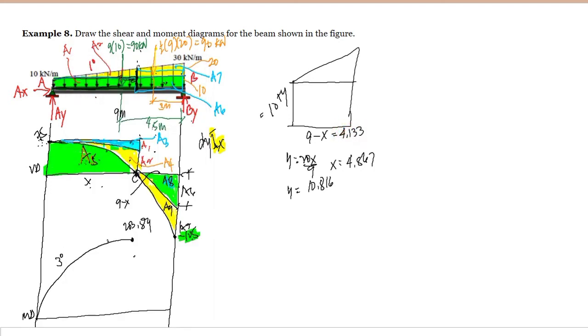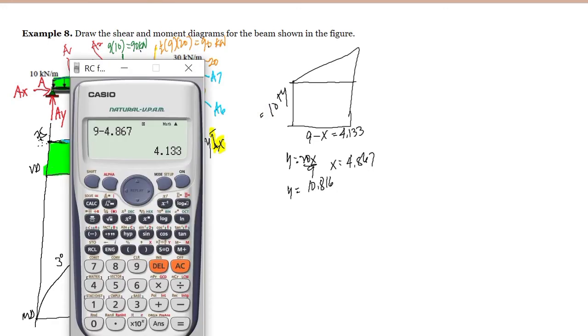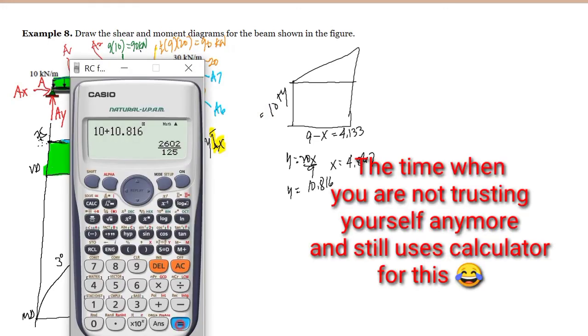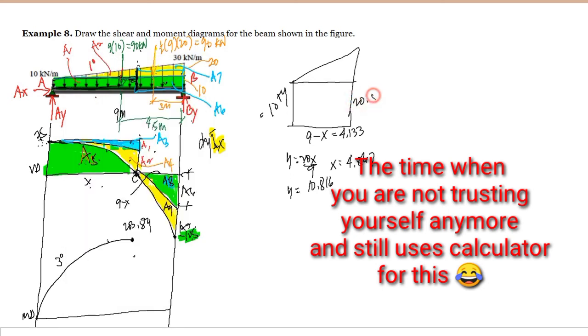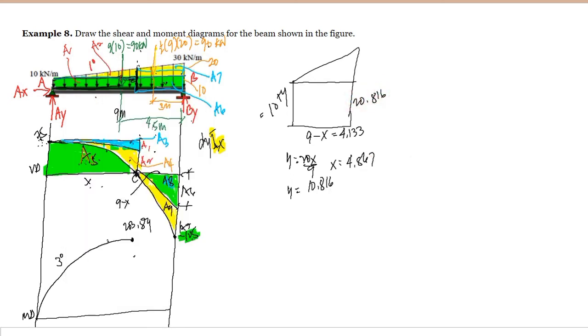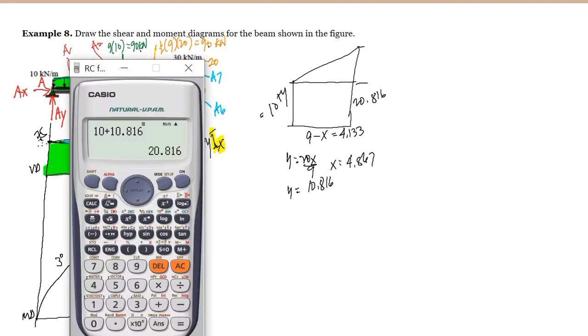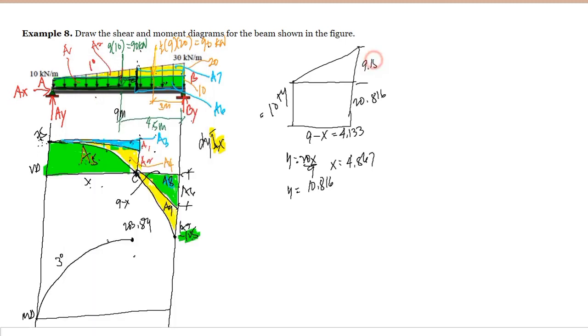And that 10 plus y here, so we have here 20.816. Kung total na height nito is 30, so 30 minus 20.816, we have here 9.184. So, this is 9.184.